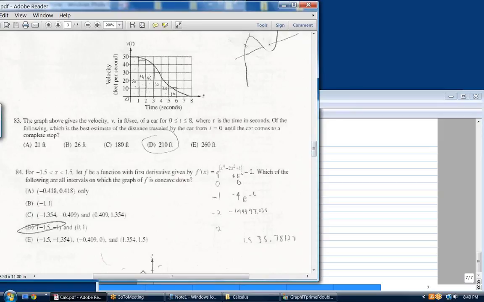Okay, here we have a velocity function which is not given to us, only shown to us. And they want to know the distance traveled by the car. Well, this is integral as net change, which means that if I knew this function, I would integrate it from 0 to 8.